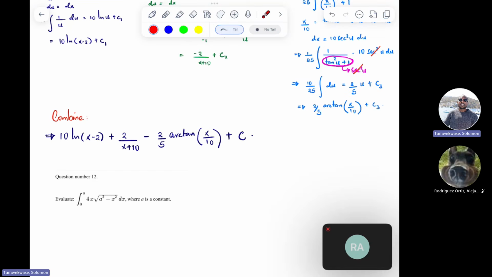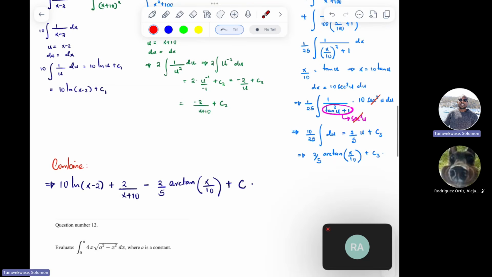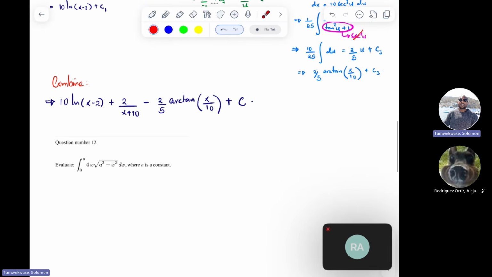By the way, I want to mention that whenever you have the limits of integration, your final answer, 1, cannot have the constant of integration, and 2, your final answer cannot have the variable that you're integrating in. So in this case, your final answer cannot have x, okay? In other words, your final answer should just be a number, a constant, if you have the limits of integration.